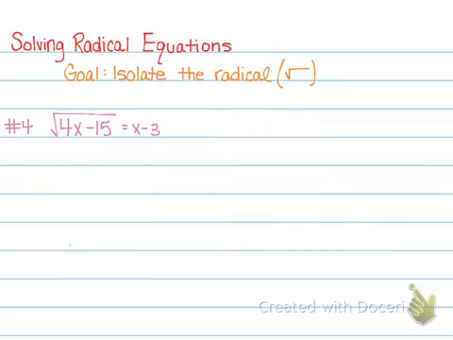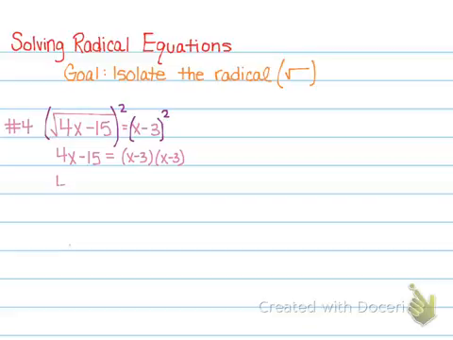Our last problem, number 4, the radical is isolated, so the first thing I can do is square both sides. Now, watch how I'm putting parentheses every time I do this because it's going to matter on the right side when we simplify. So we get 4x minus 15 equals x minus 3 times x minus 3. So write it out and double distribute so that we know we get exactly what we should.